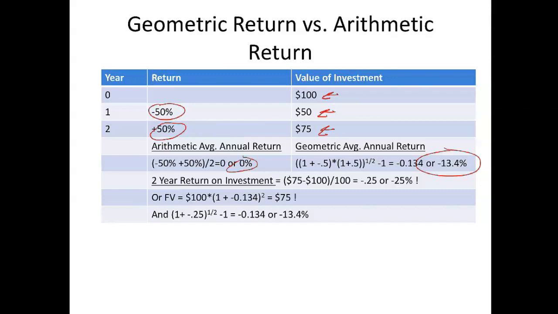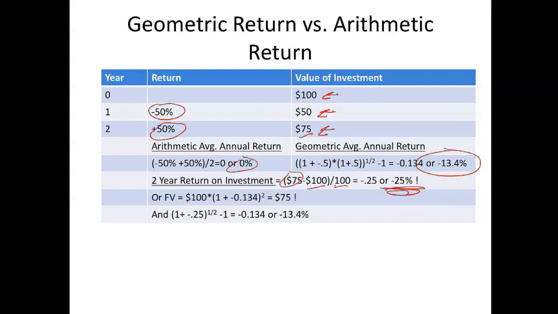In other words, on the value of our original $100 investment. Now, the 2-year return on the investment, kind of tying this all together, let's say our ending value is $75, subtract the beginning value, divided by the beginning value. So our 2-year return on the investment is a negative 25%, from $100 down to $75.